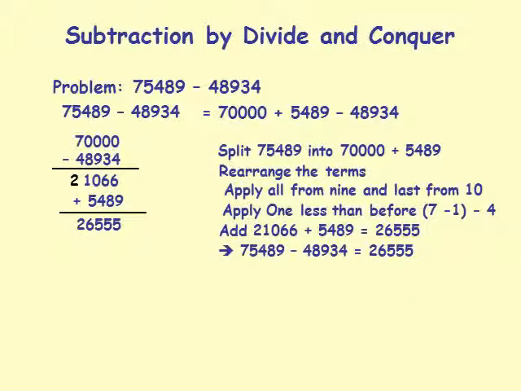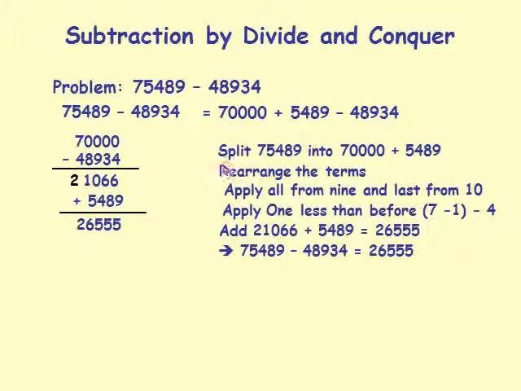Let's continue here. Going through all the steps, you will be combining these steps. You would just say that the number is equal to 70,000 minus 48934 plus 5489, and then start with the subtraction, which is all from 9 and last from 10 for the last 4 digits here, and 1 less than before for the leftmost: 7 minus 1, 6 minus 4, which is 2. Then you add them.